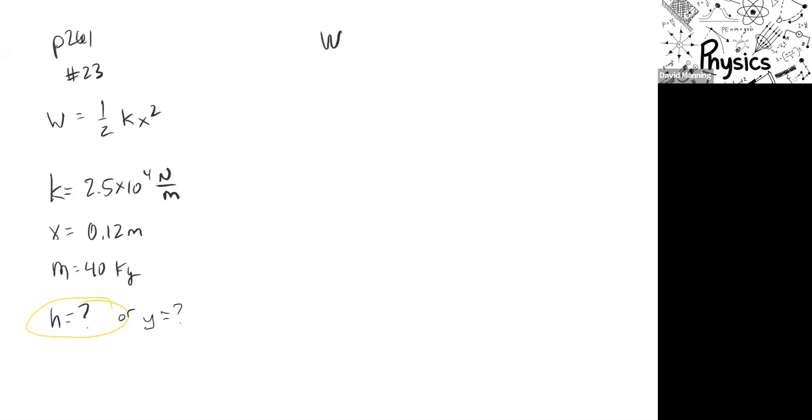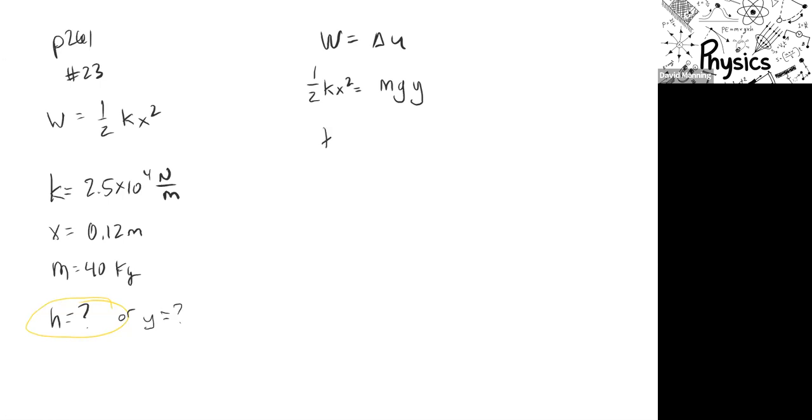Remember, work equals delta U. So that means 1/2 kx squared equals mgy. Our goal is y.